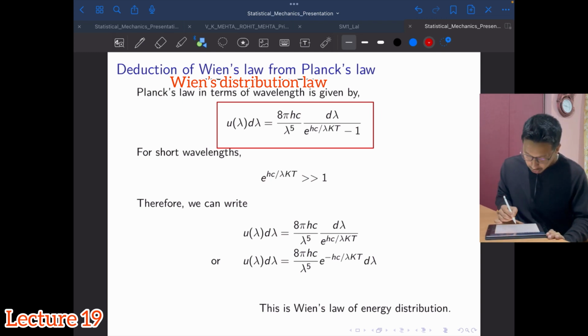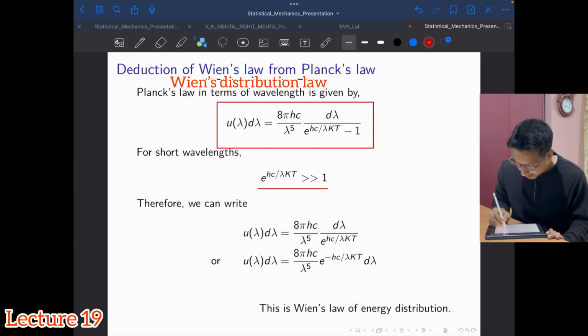For shorter wavelength, if lambda is small, then hc by lambda kT is a big number.